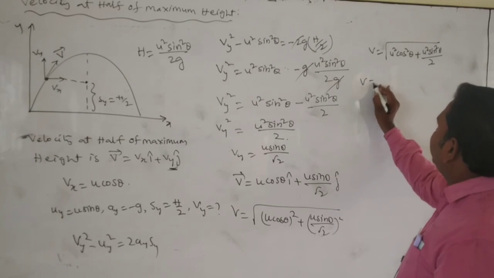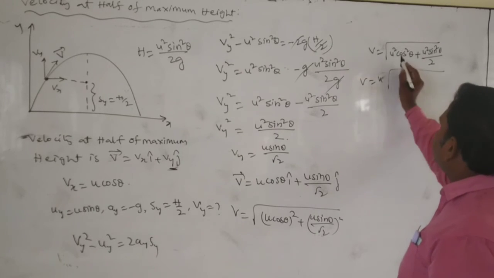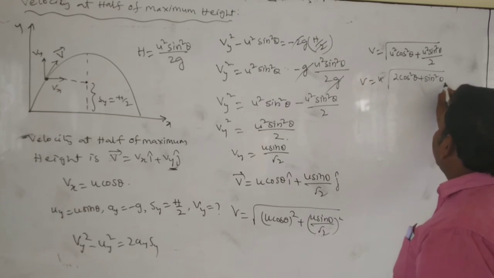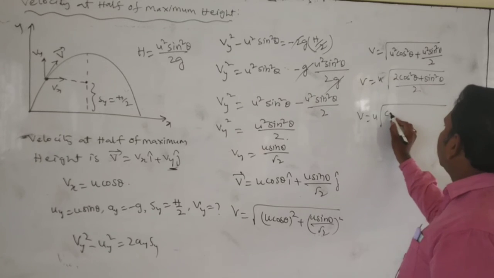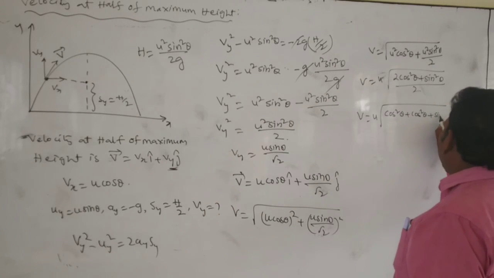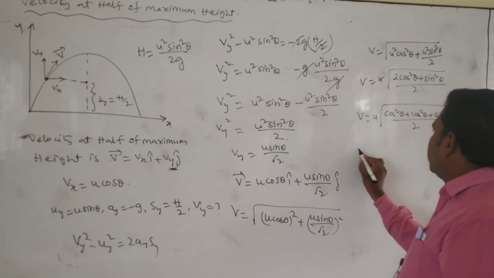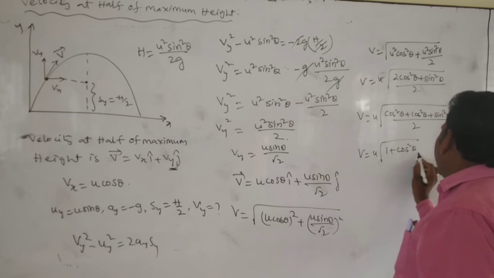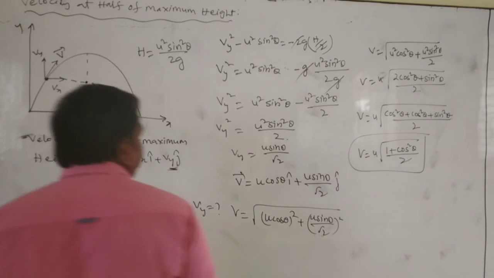So take LCM and take common: 2 cos square theta plus sin square theta by 2. So v equals u into root over cos square theta plus sin square theta by 2. So you get v equal to u into root over 1 plus cos square theta by 2. This is the answer at half of maximum.